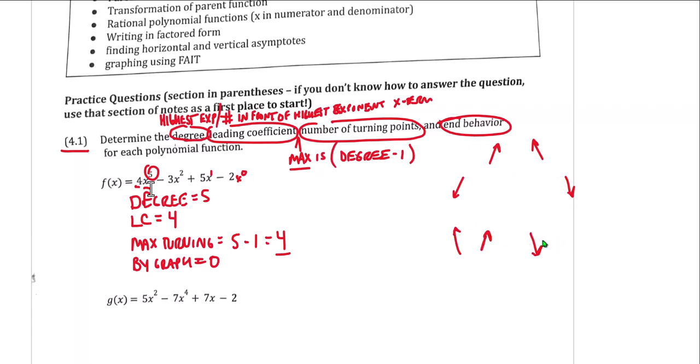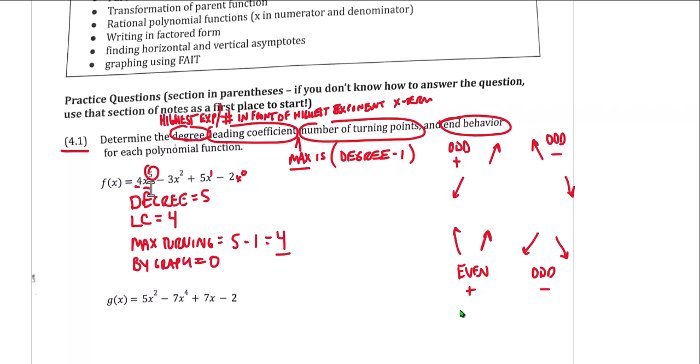Whether the leading coefficient is positive or negative will determine which of these scenarios we're dealing with. So this one right here is odd and positive leading coefficient. This one right here is odd and negative leading coefficient. This one right here is even and positive leading coefficient, and this is even and negative leading coefficient.